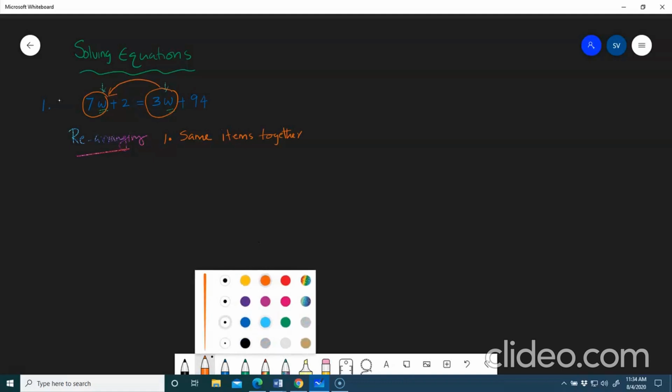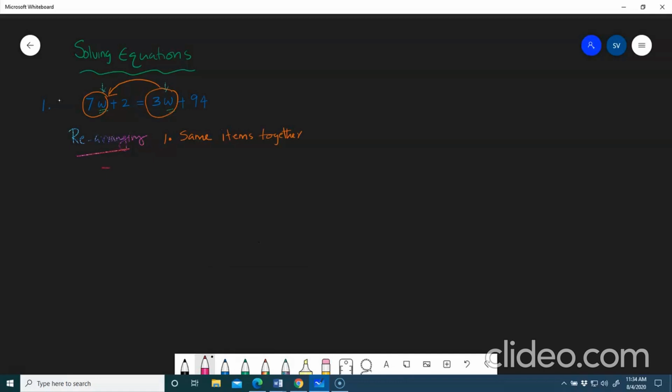Then the equation will now be 7w. When you are grabbing an item from one side of the equal sign to the other side, you need to change the sign. That means if it is positive, it will become negative.